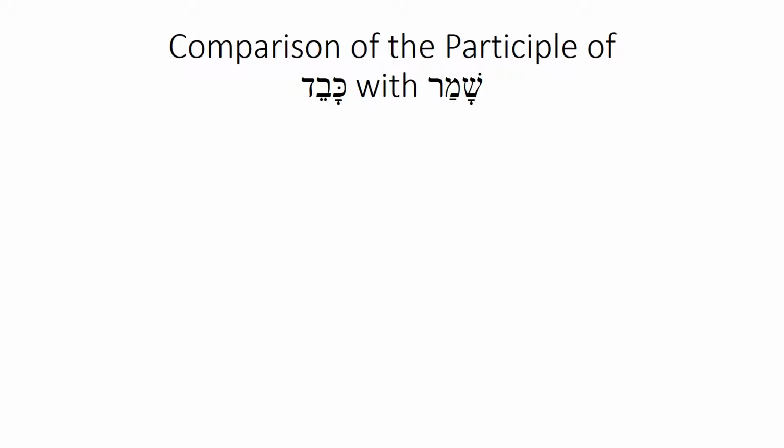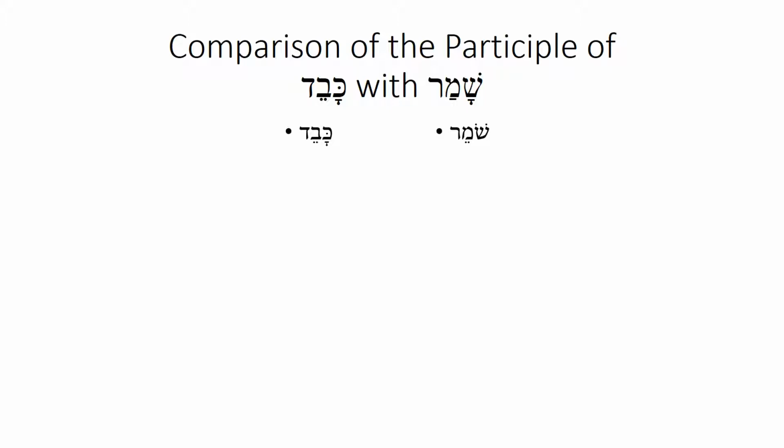Now let's look at the participle, and we'll compare an A-class vowel shamer with our E-class vowel kaved. And what we see here is the rule is that the E-class vowel maintains its way all the way throughout the participle. So shamer and kaved, remember this is the one that we said was the identical form to the third person masculine singular perfect.